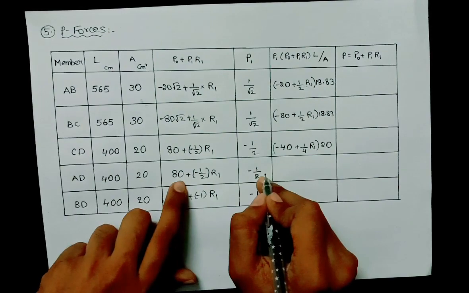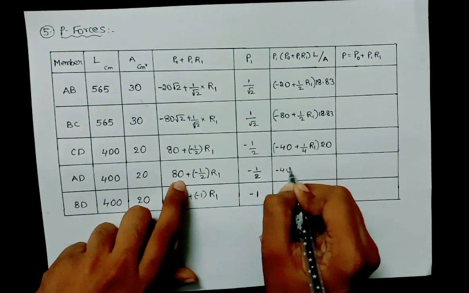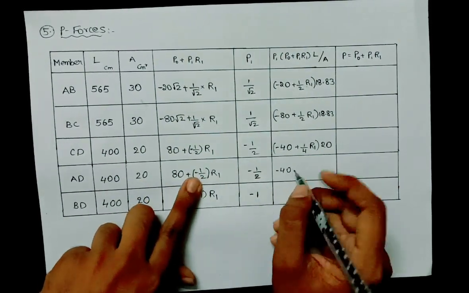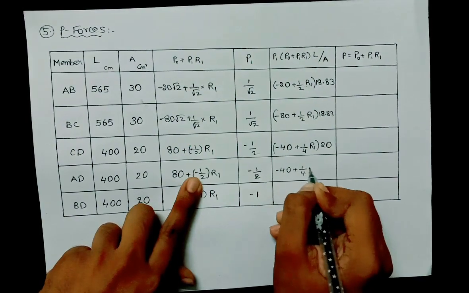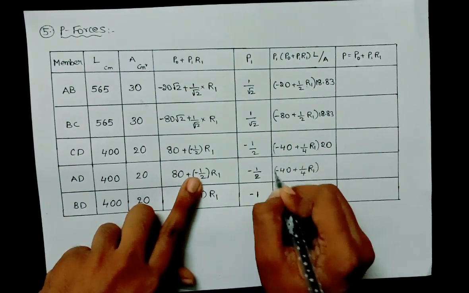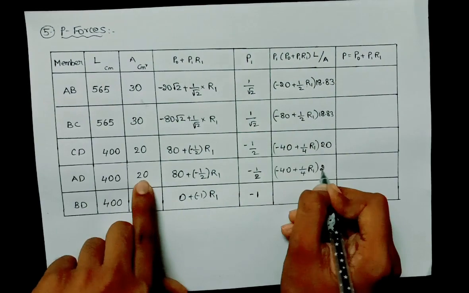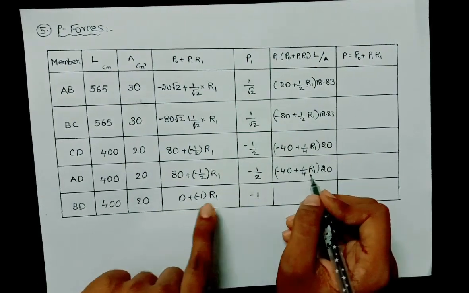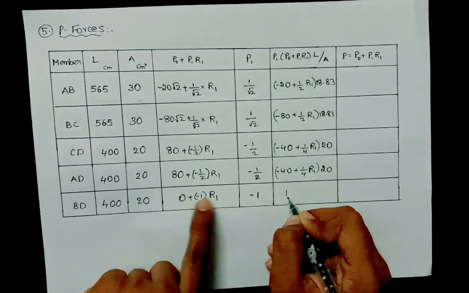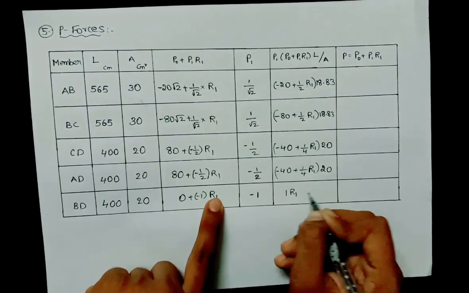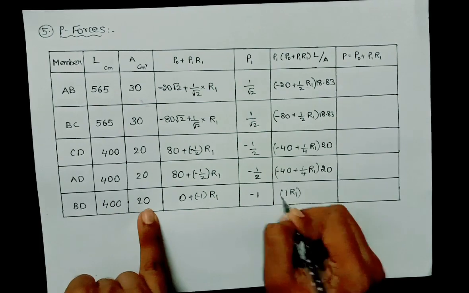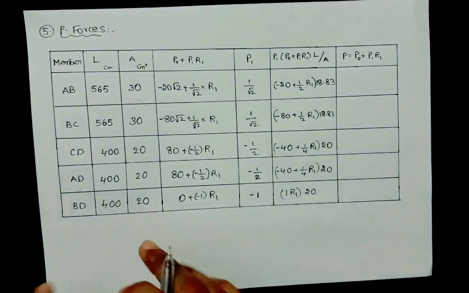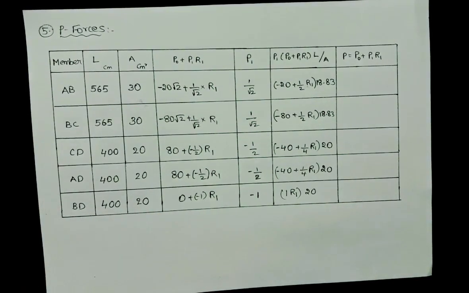Similarly for AD, minus 1 by 2 into 80 is minus 40, plus 1 by 4 into R1, and again 400 by 20 is 20. Minus 1 into 0 is 0. Minus 1 into minus 1 is plus 1 into R1, and L by A, 400 by 20, is again 20.